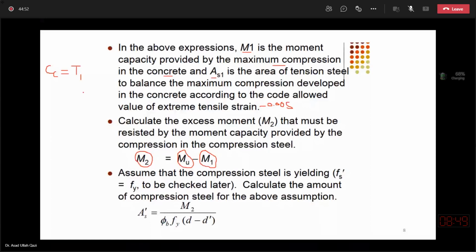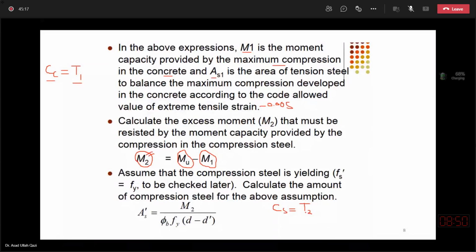That M2 I will then equate, and I will write one equation now between a couple between steel and steel. So I will say the surplus moment I will be resisting with the compression steel and the component of tension steel.